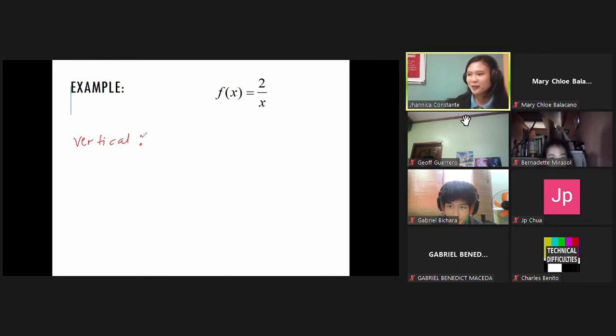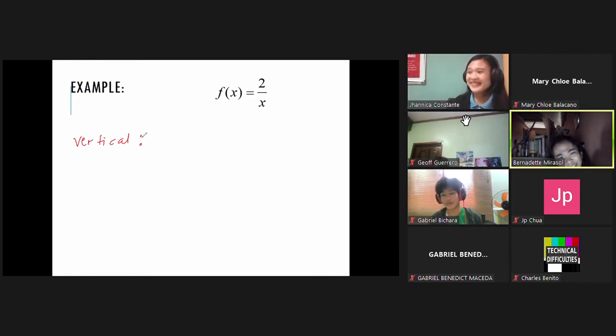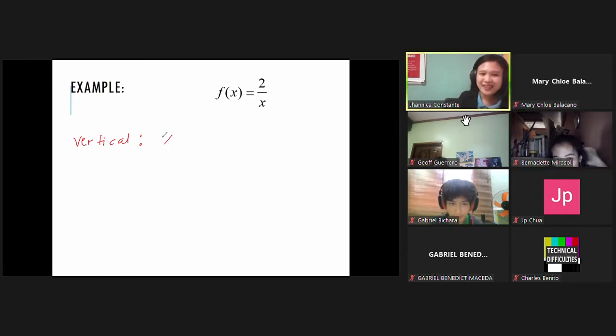Factor. Berna said that we're going to factor the denominator. And our denominator is only x. So what is the factor of x? 0. So our vertical asymptote is equal to 0.